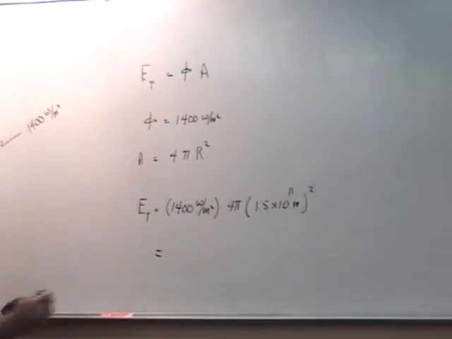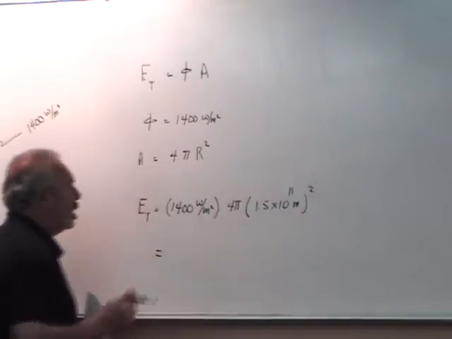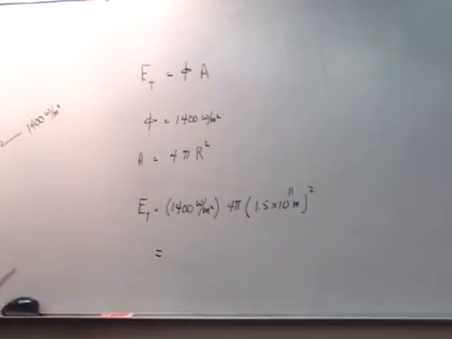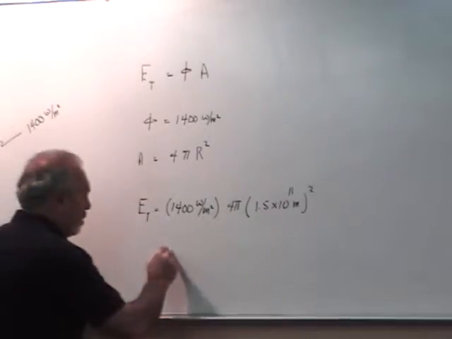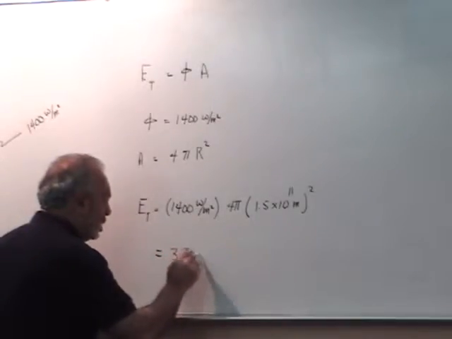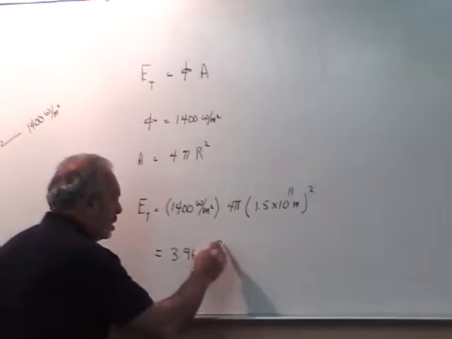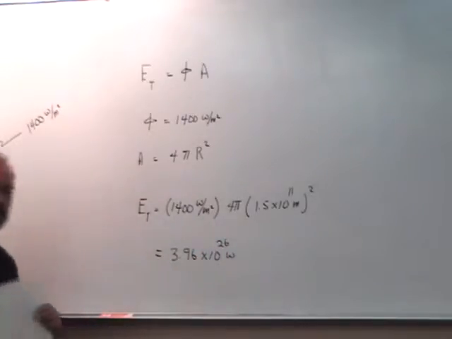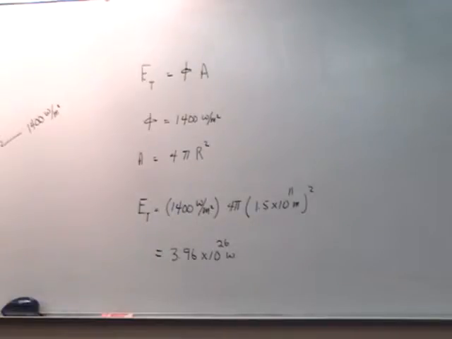Please check this number. Of course, the meters squared are gone, and we'll have the total output in watts. I get 3.96 times 10 to the 26 watts is the solar output. Yes. Okay, so did I get agreement on that one?